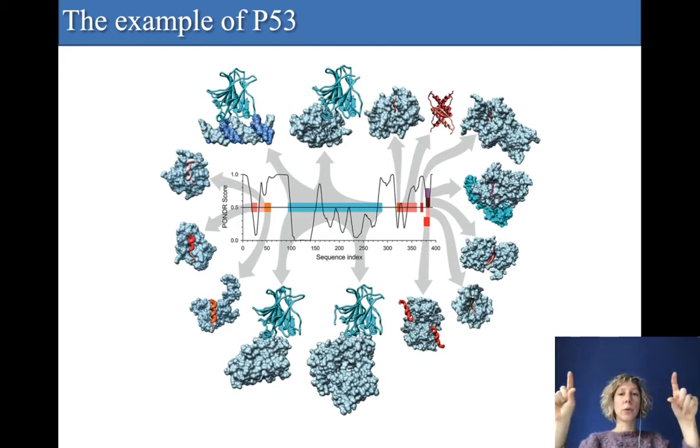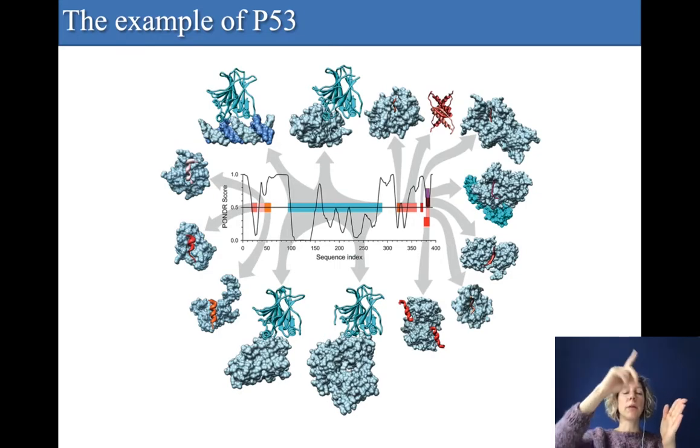On the plot you have the residue numbers, so this is really the sequence index, 400 residues, and you have the probability of being folded. The PONDR score will give you an indication of whether the protein is expected to be disordered at this region or not. And then the colors refer to the different partners.